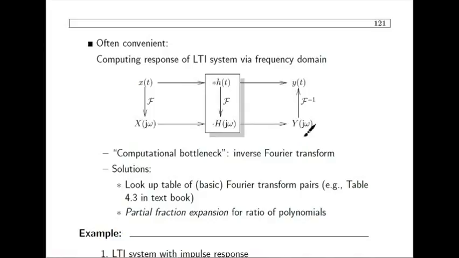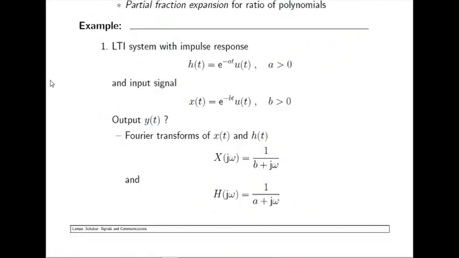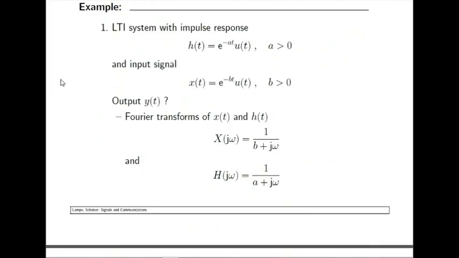Now let's see some more examples. The first example is where h(t) is e^(-at)u(t), and our input x(t) is e^(-bt)u(t), where a is greater than 0 and b is greater than 0. There are two ways to find the output y(t) of this system.